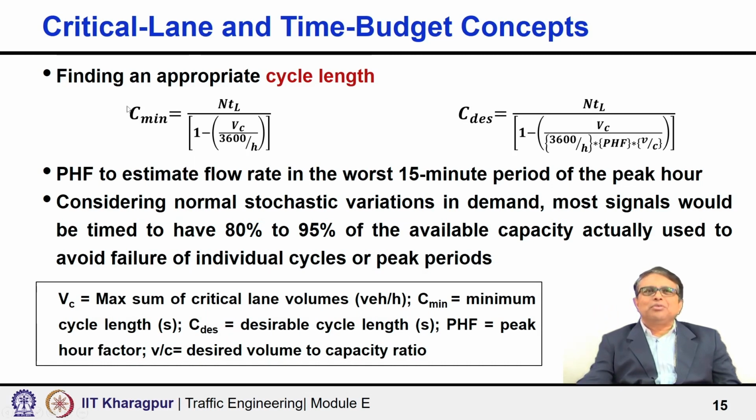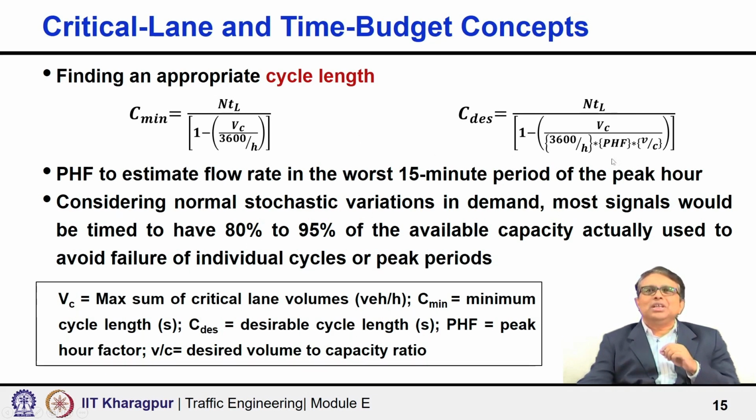So, the peak hour factor is introduced here to estimate the flow rate in the worst 15-minute period. Worst in this sense is the maximum flow rate of the peak hour. That is why the peak hour factor is coming. This is one change from C minimum to C design.